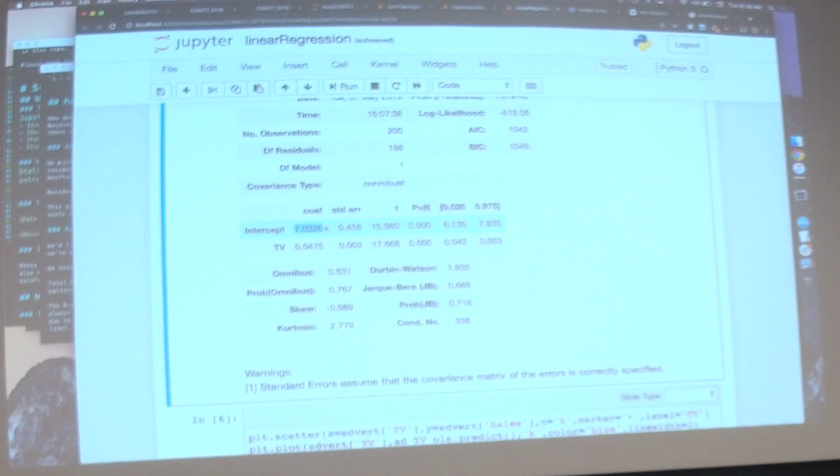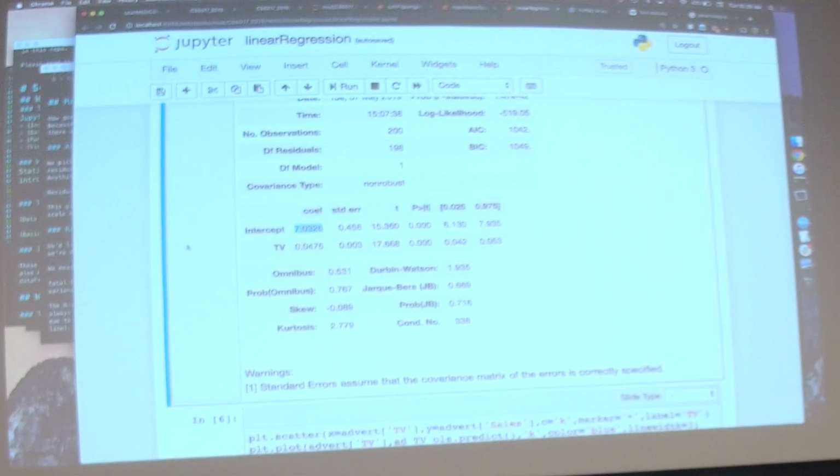So what does this intercept value tell us in terms of this problem? Think about where the intercept shows up on our graph. At $0.